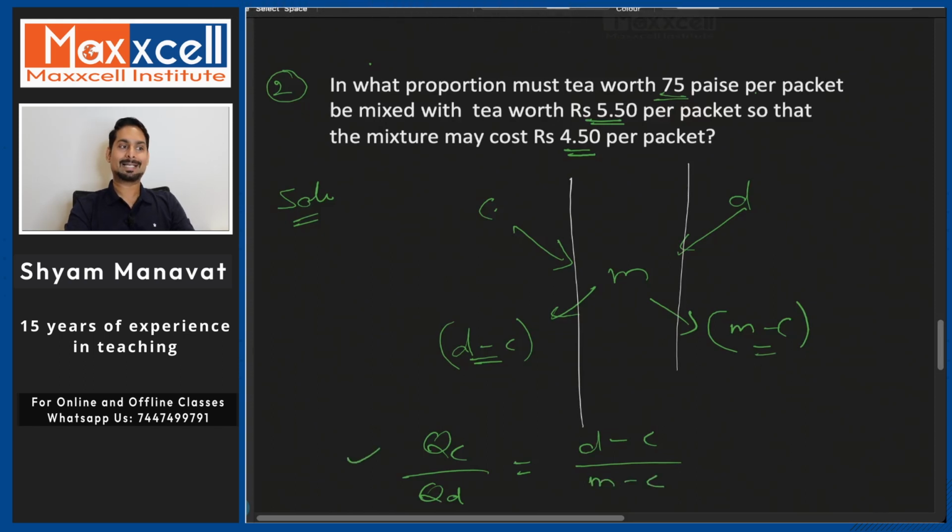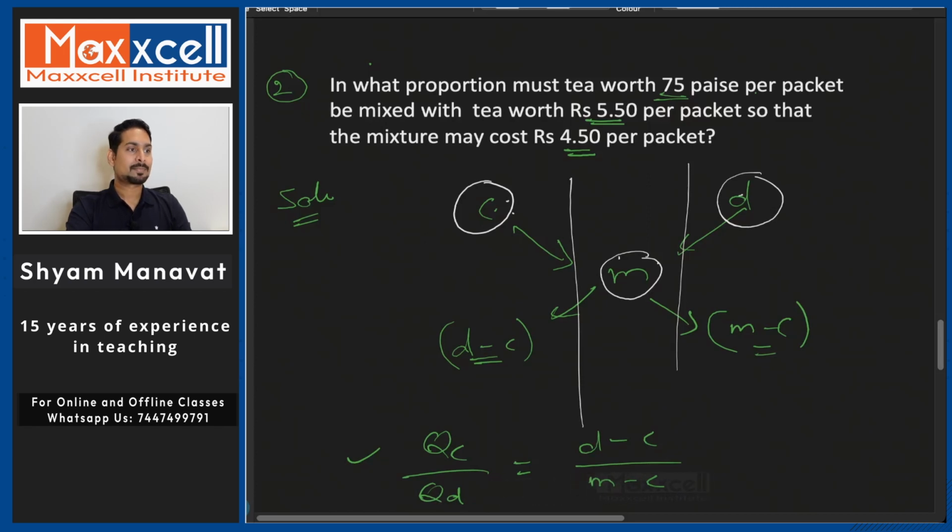Now when you apply the alligation rule, you need to keep in mind that the cheaper units, dearer or superior, which is one and the same thing, and mixture units have to be in the same units.